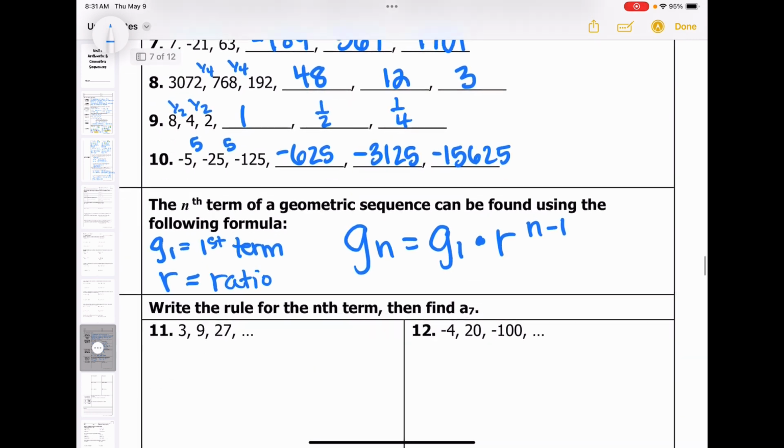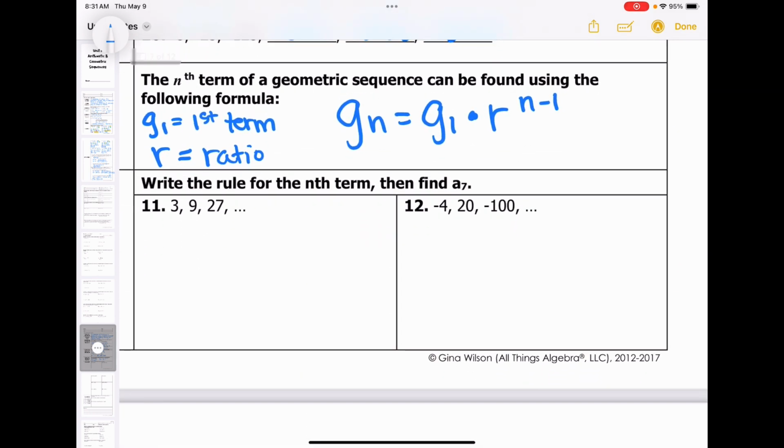So let's do some examples. So we want to find the formula, and then we're trying to find G7. So we have 3, 9, and 27. So when I divide those numbers by each other, okay, I get 3. So my ratio is 3, and my first term is also 3.